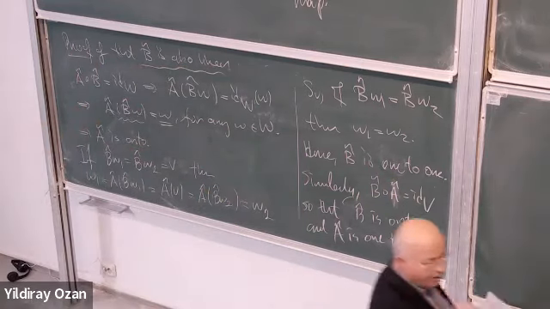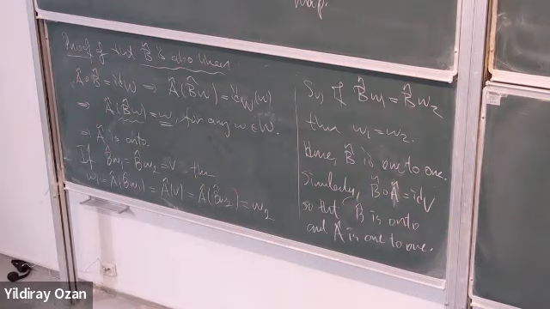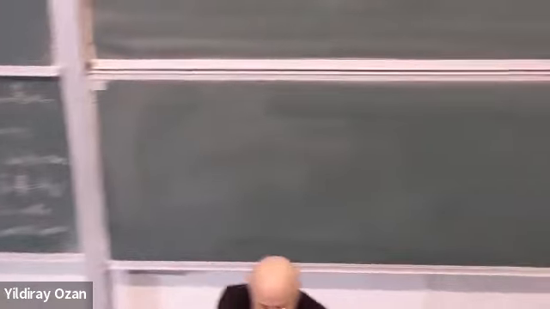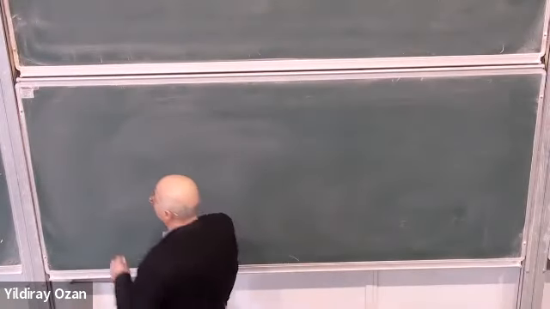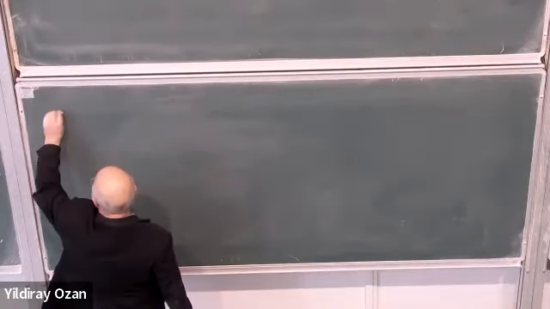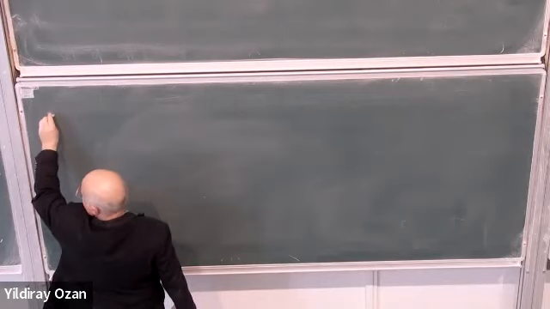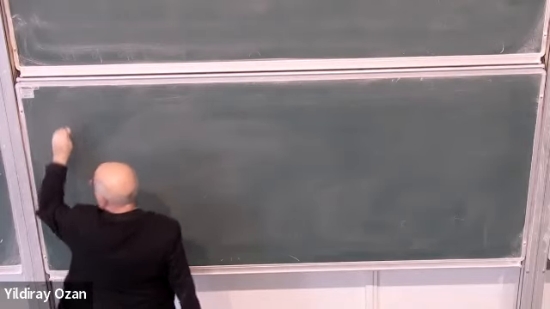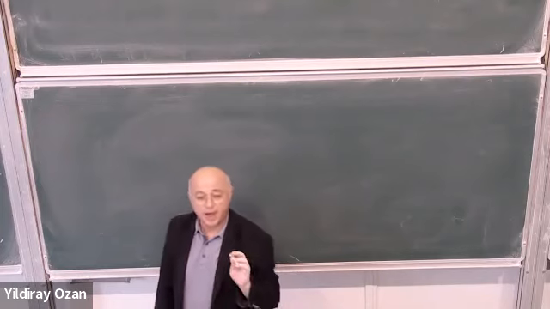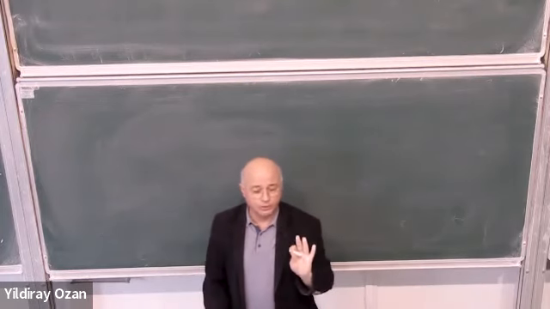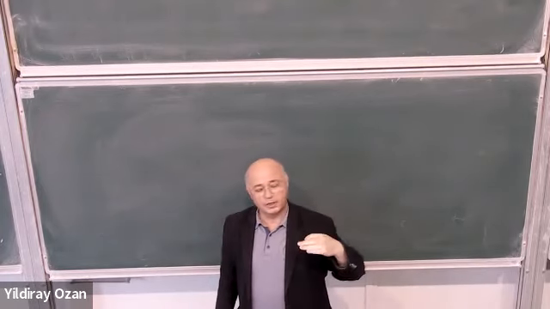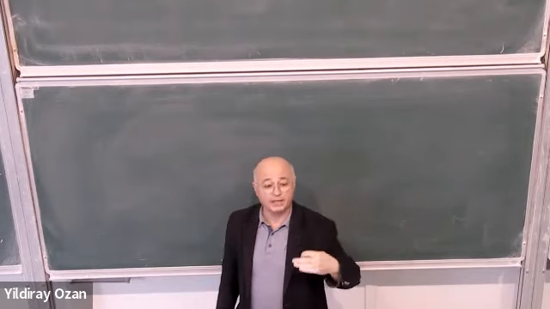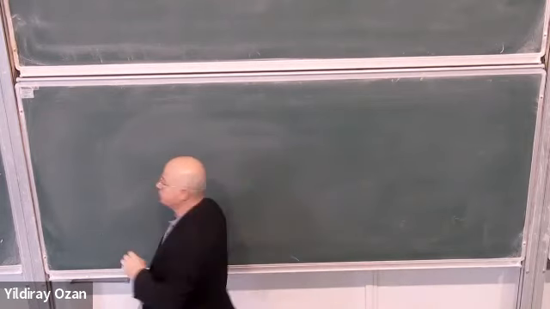Now let's see why B hat is linear. Well, to show that B hat is linear, I have to prove two things. First, B hat respects addition, and second, it respects scalar multiplication.